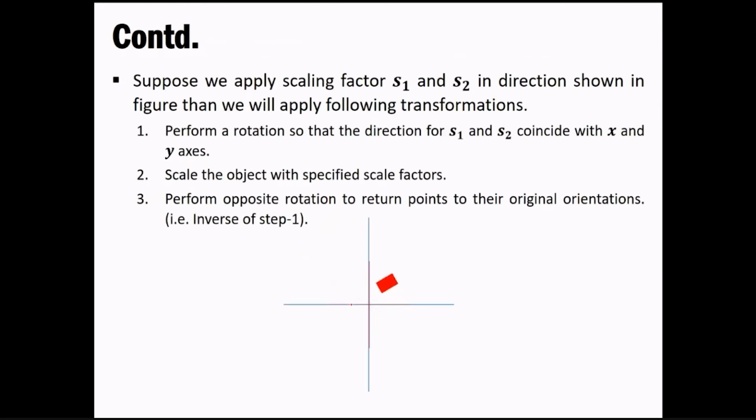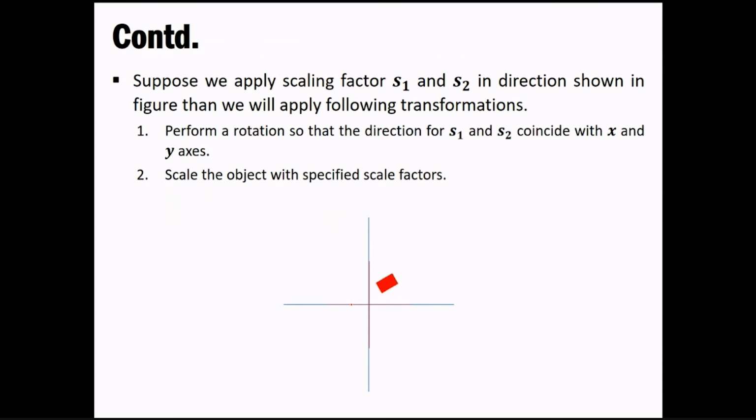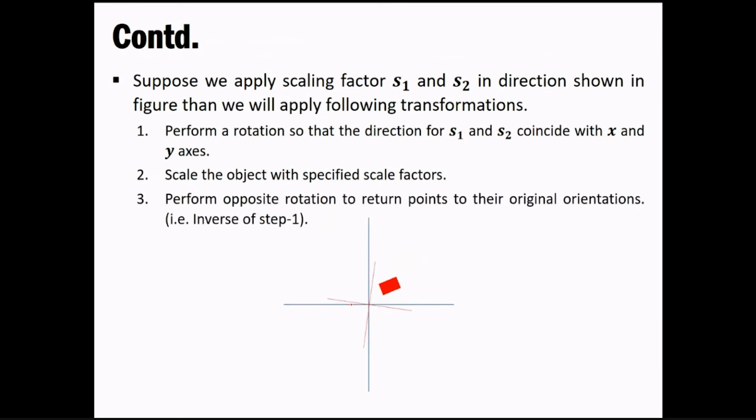If you don't perform it, the scaled result would be on the x and y axis only, and it won't be going in the direction that you want. That's why we need to perform the inverse of the original rotation, because you want to take it back to that direction.